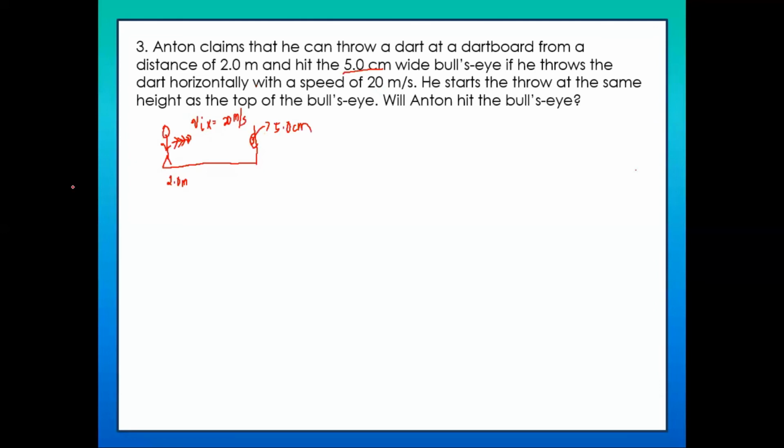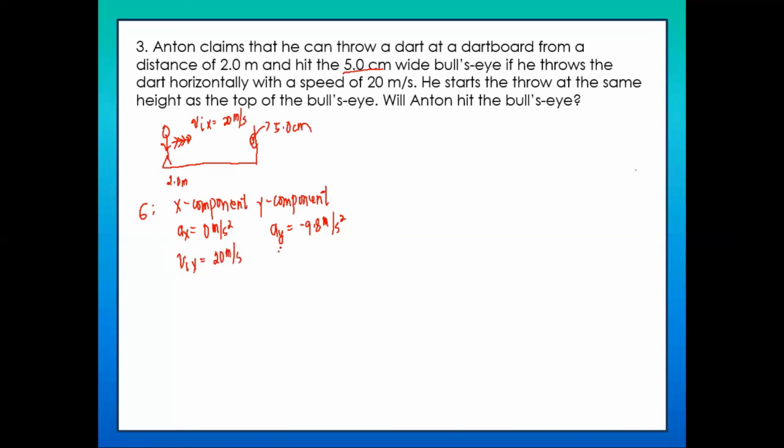So, let's identify the x component as well as the y component for a faster computation. Our a sub x, the acceleration for the x component, is always 0 meters per second squared. For a sub y, the y component, it is negative 9.8 meters per second squared. Our v sub ix is given, that is 20 meters per second.